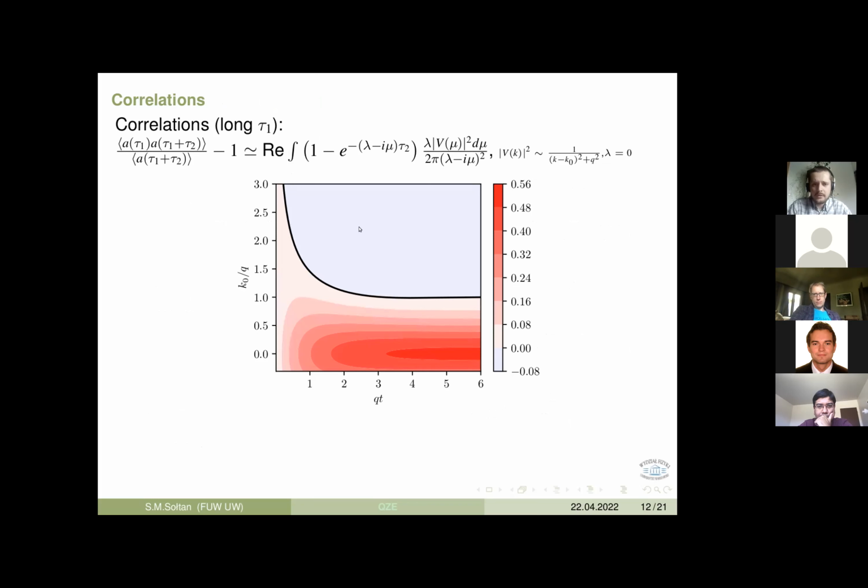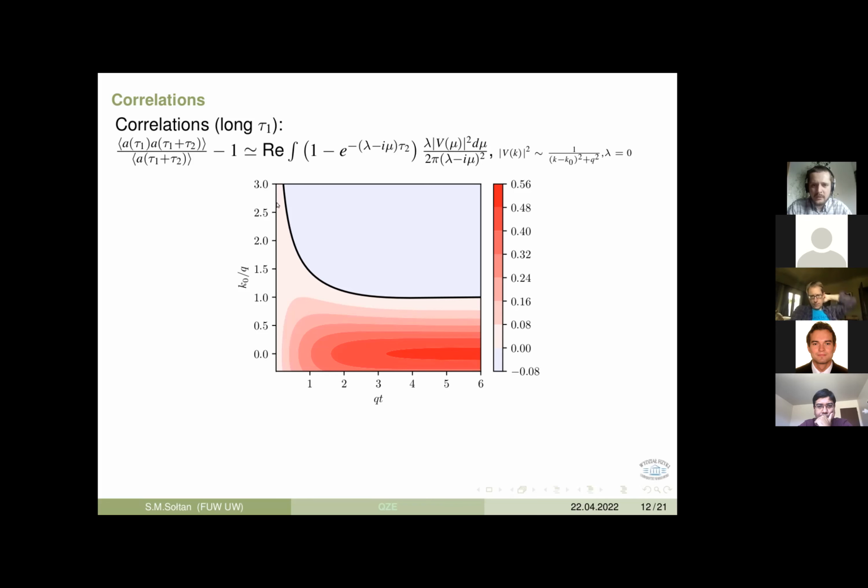And if we plot the values of these correlations for different parameters of the experiment and the system, then we may observe that there are ranges of parameters in which these weak values, because these are weak values, are strange, exceeding the range of eigenvalues.